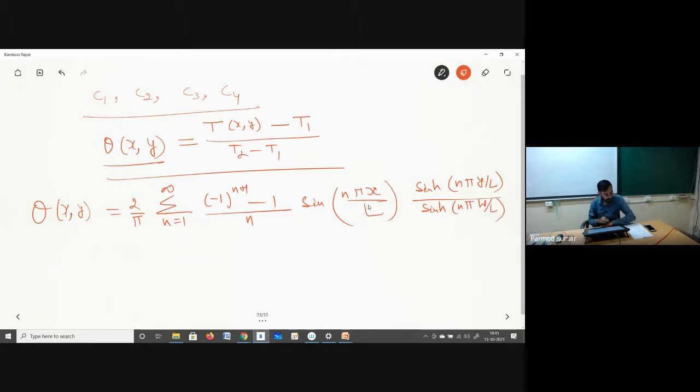Okay, so this was the final equation derived in that particular lecture.